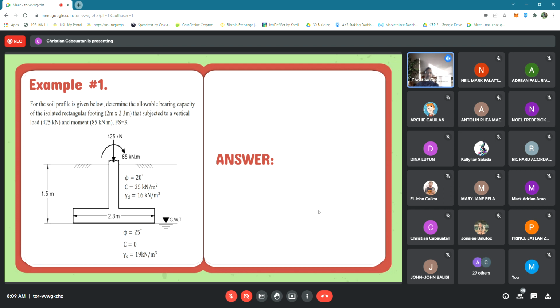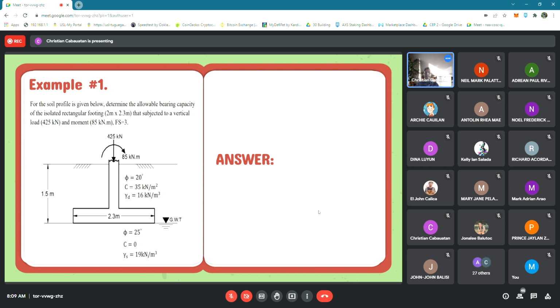The internal friction angle is 20 degrees. The cohesion is 35 kPa. The dry unit weight of the soil is 16 kilonewton per meter cube. The depth of our footing is 1.5 meters from the natural grade line, and the groundwater is located exactly at the bottom of the footing.